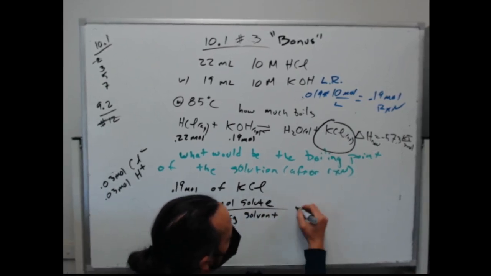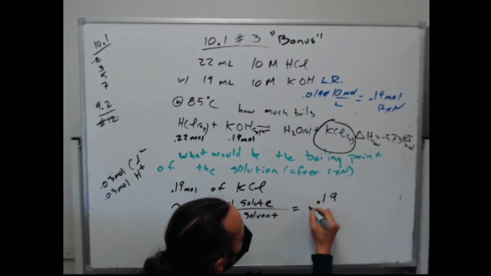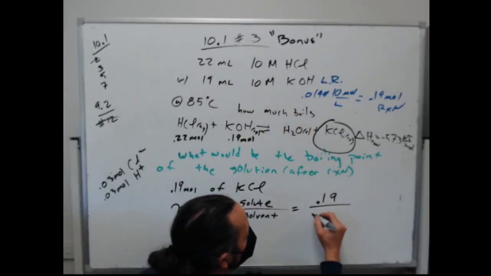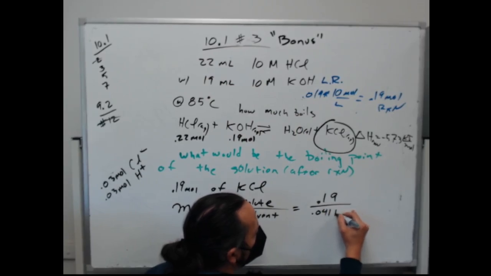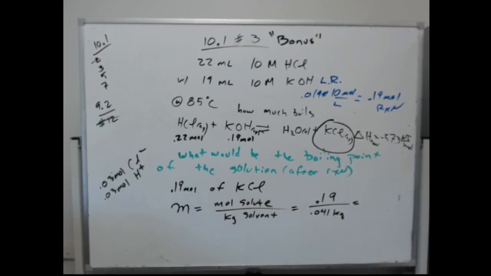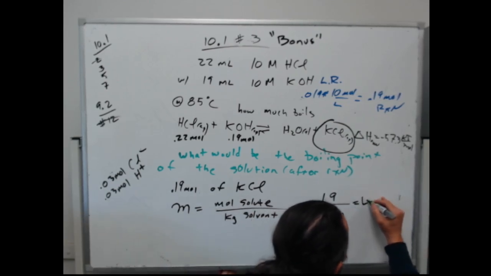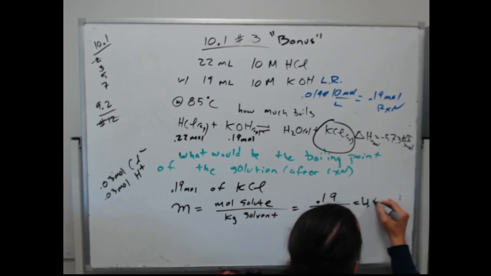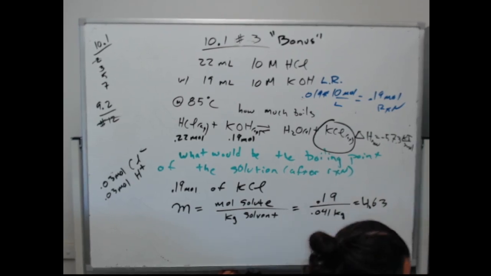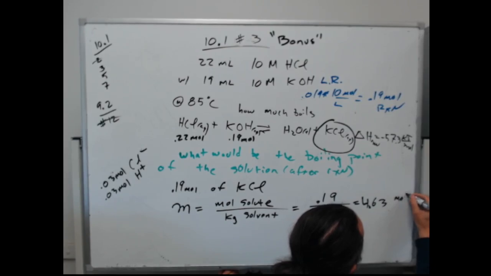So we're going to have 0.19 divided by, we had 41 grams, that's going to be 0.041 kilograms. And that's going to get us our molality. Ooh, jeez. Our molality is 4.63. This is where I'm like, this high of a concentration is pretty wild. 4.63 moles per kilogram.